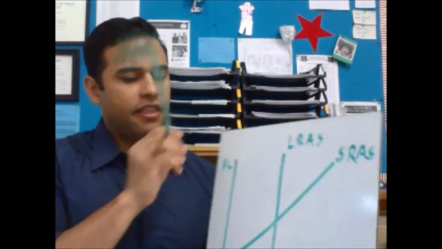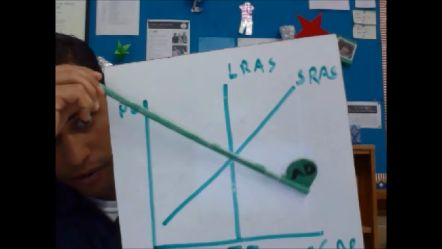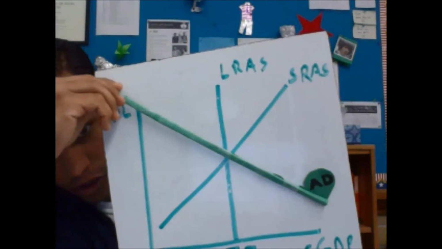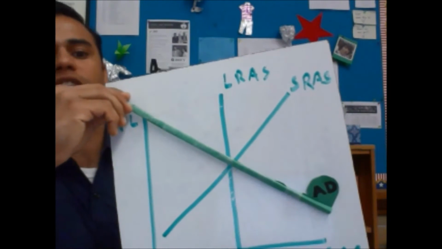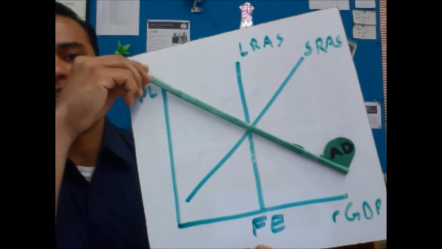Full employment, that is where long-run aggregate supply is, and right here I'm holding this stick, showing that aggregate demand is the economy at full production, full employment. It's a nice, healthy, good economy, right?